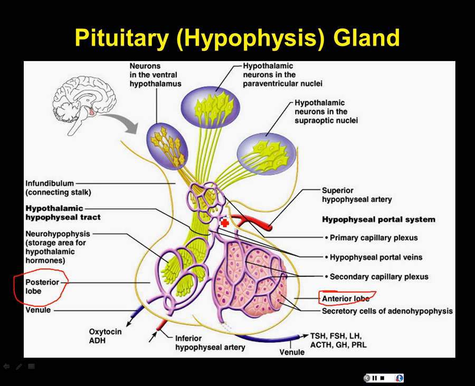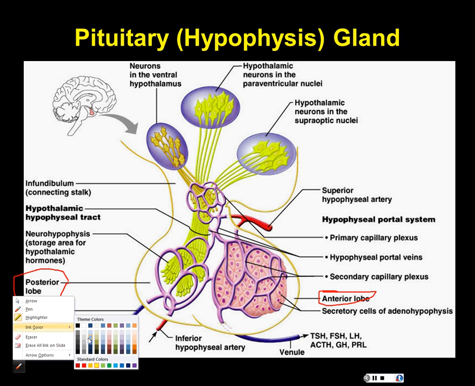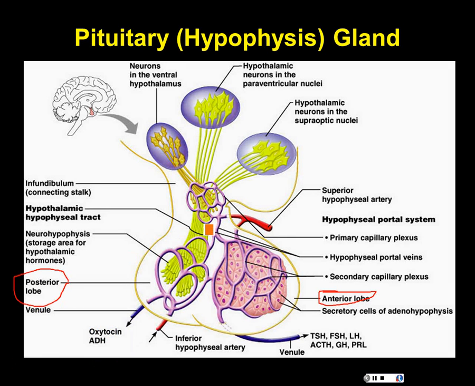Okay. What I want to highlight is this little blood circuit between the hypothalamus and the anterior pituitary.